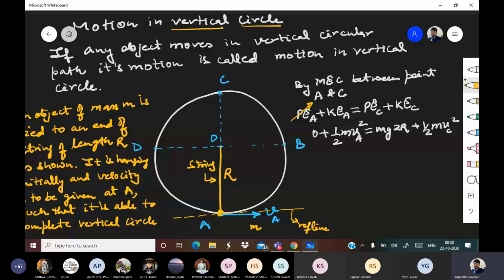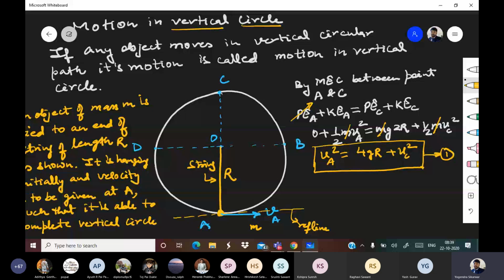So m cancels, and the equation which we have got is vA square is equal to 4gR plus vC square. This equation we have got using MEC, mechanical energy conservation.